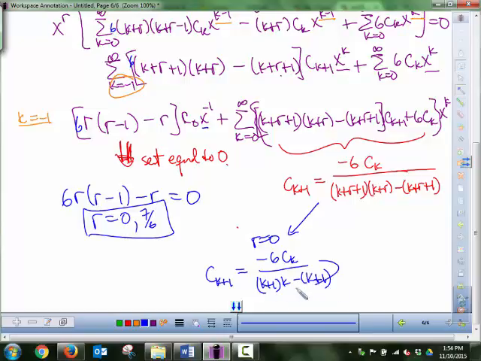And if you multiply this stuff out, you're going to get the polynomial that we got before.